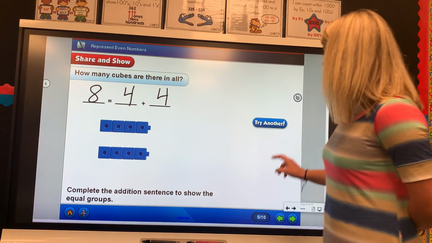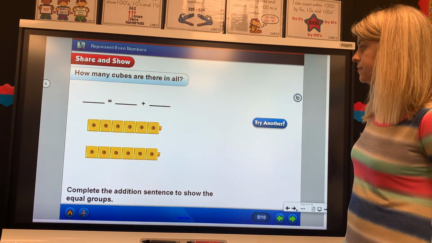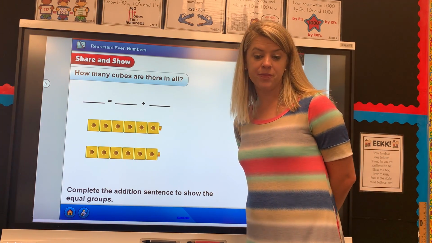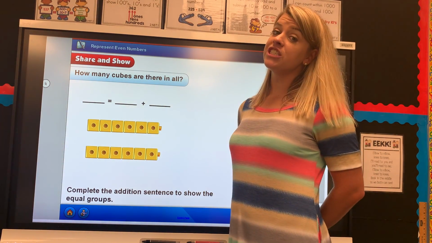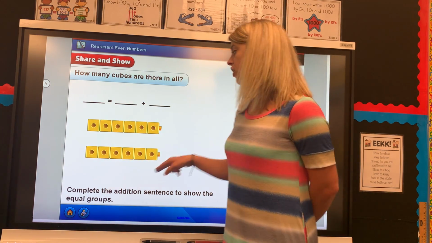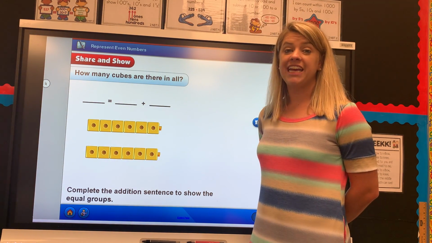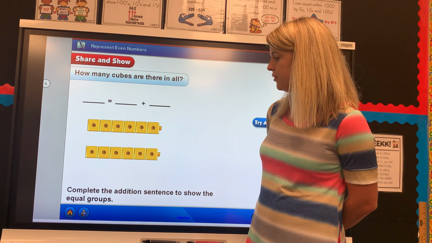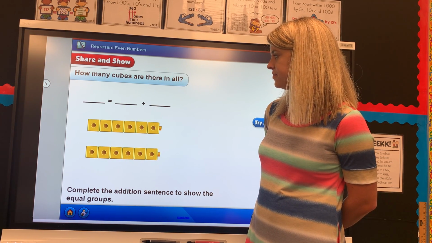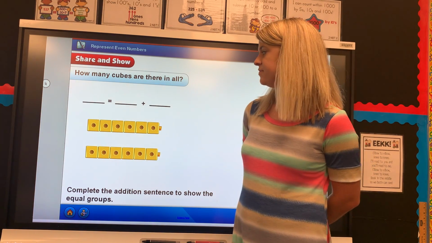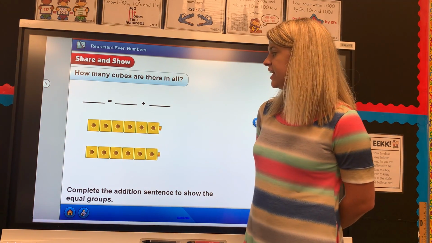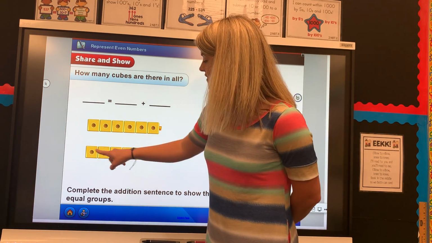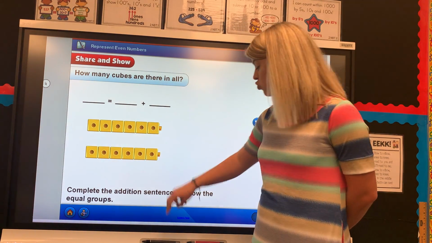All right, let's look at number 3. Those are the yellow cubes on your paper. Remember, the first step is to see how many there are total. So I want you to count those, and then we'll move on. How many total? All right, let's see. 1, 2, 3, 4, 5, 6, 7, 8, 9, 10, 11, 12.